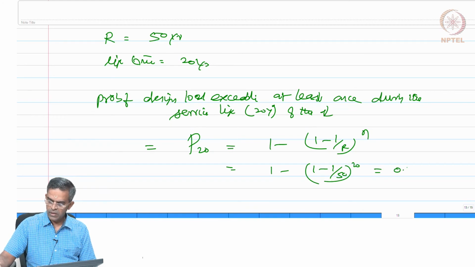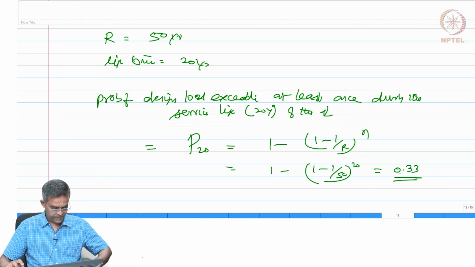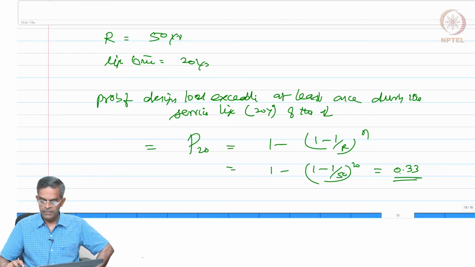So, it has got an exceedance of 33%, which is an alarming number, is it not? It is an alarming number.